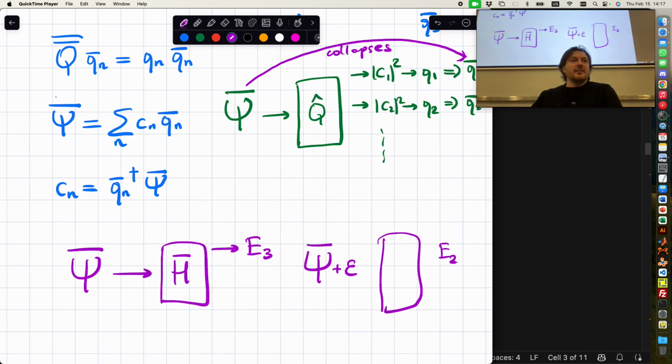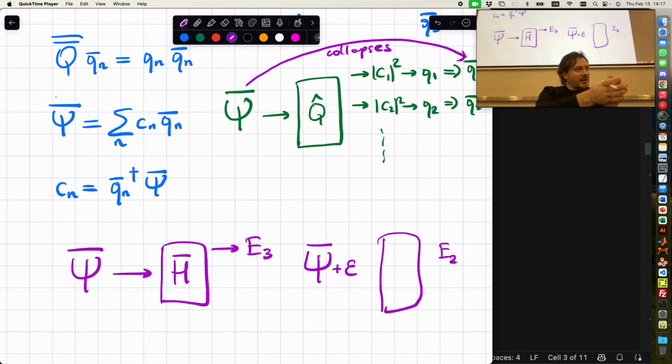And that doesn't make sense, because I just measured energy, I haven't spent any more time for it to change, and I measure again. If you want measurement to make sense, consecutive measurements should be 100% the same.